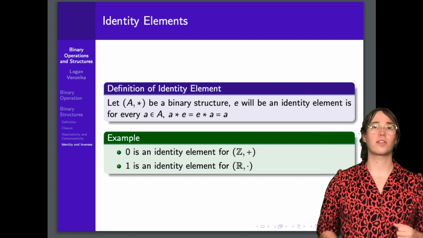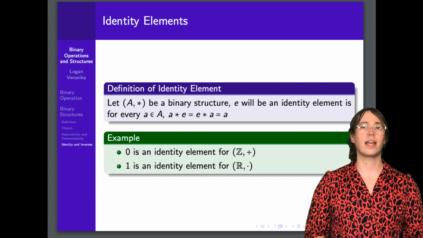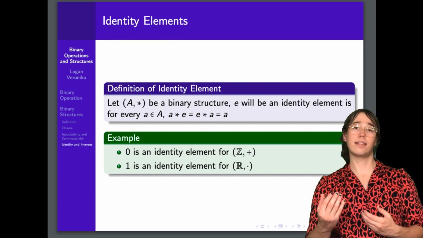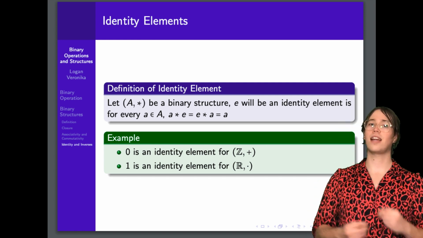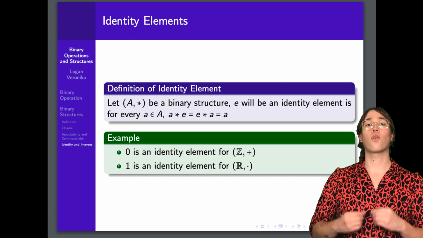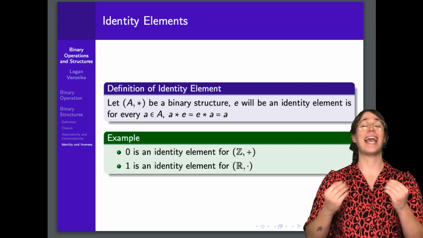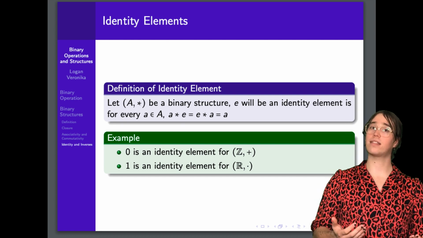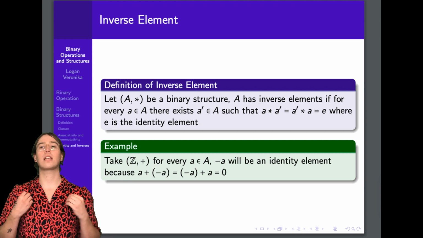So an example of this would be 0 in the integers under addition, right? Any number plus 0 is that number. Just like how 1 is an identity element for R, the real numbers, under multiplication, because anything times 1 will be itself.